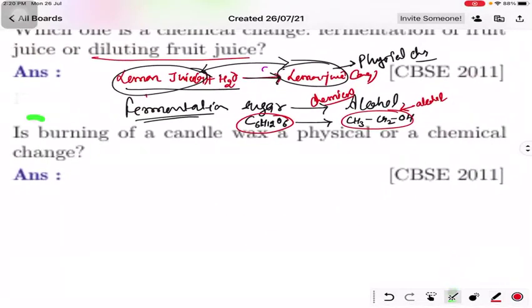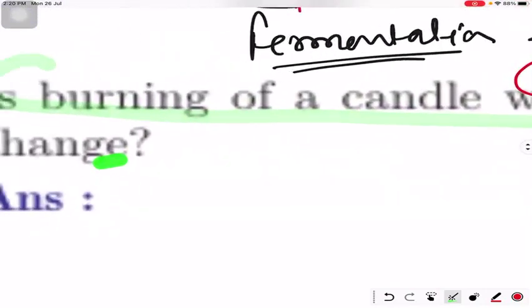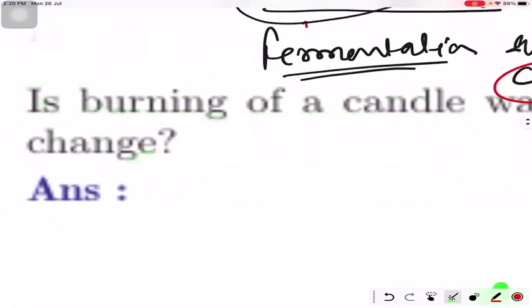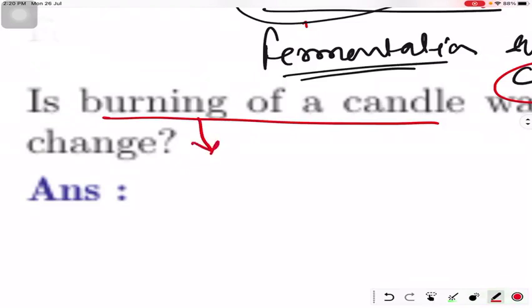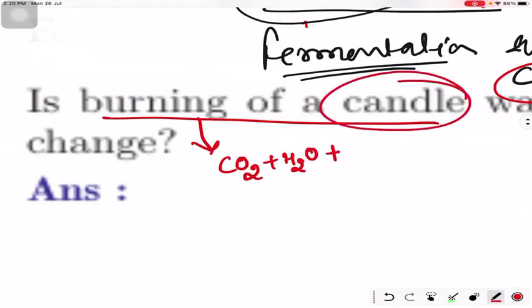Next question is, burning of candle wax, a physical or chemical change? Because we are burning a candle. Whenever we burn something, we know that it produces carbon dioxide, water vapor, energy and light. So candle is actually a wax, a carbon. So you have started from carbon.